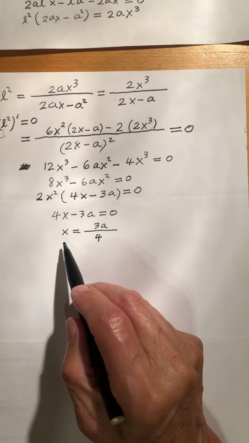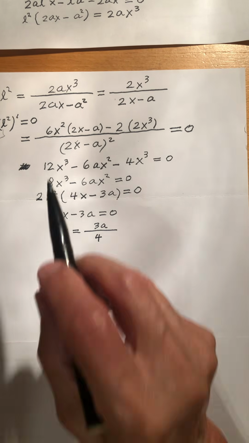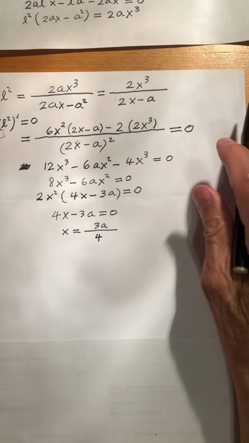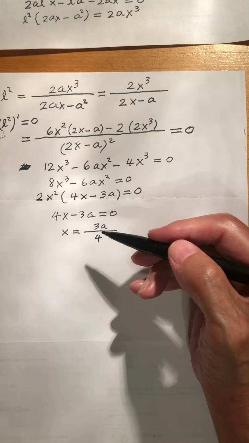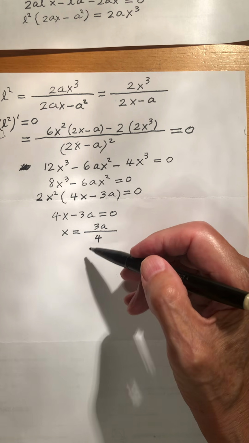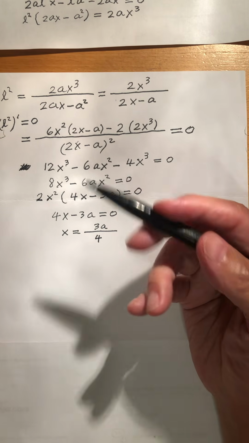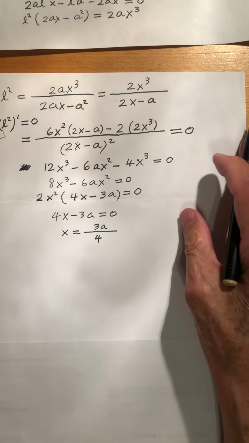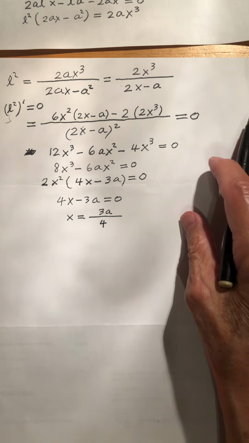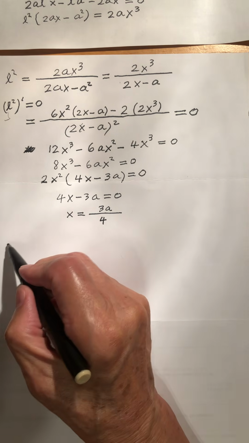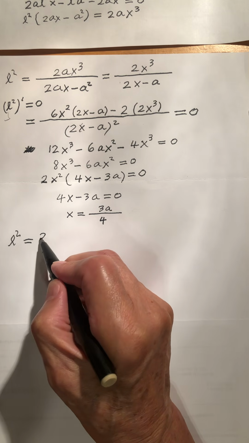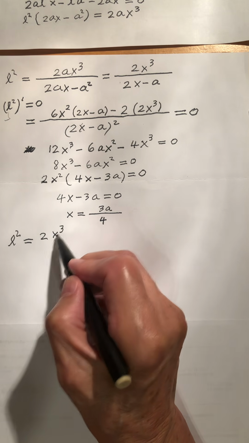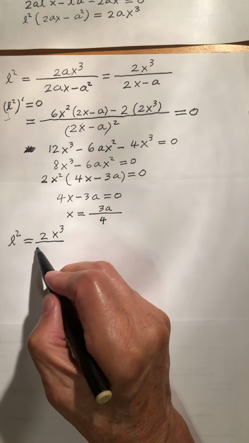Once I have x, I can find L. This x will make the L minimum. So I substitute the x into L. The value of L will be the minimum length. Okay, let's do that. So I have L squared is equal to 2x cubed over 2x minus a.